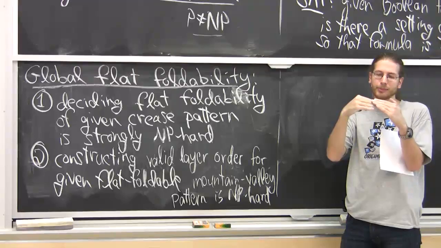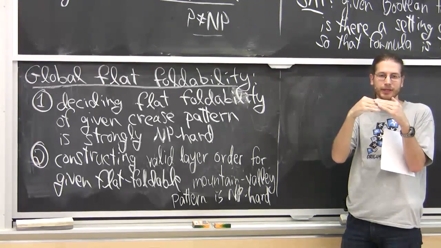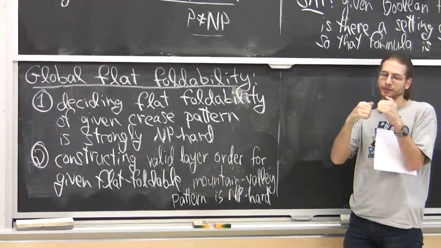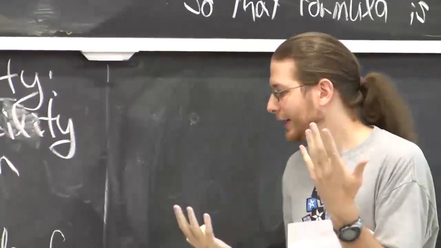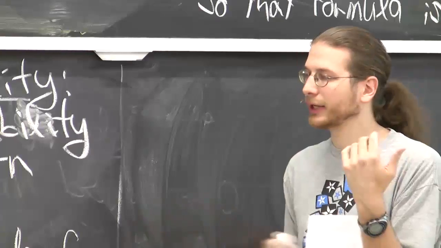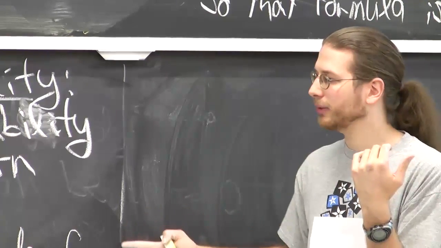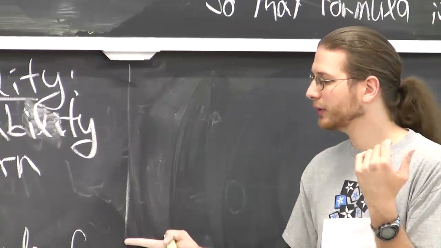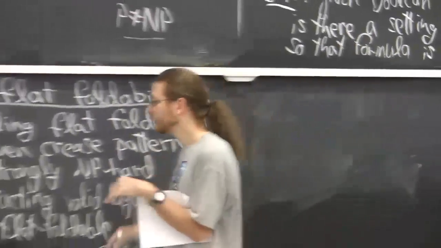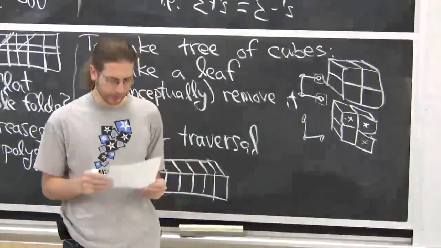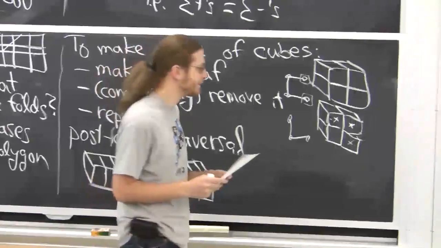If I have two layers of paper that are overlapping, they could be like this or they could be like this. And if I have, for example, two crimps, I could decide how the layers go. Figuring out what the right layer ordering is really the heart of the problem. This is what makes it NP-hard. Because we know finding a mountain valley assignment so that locally things work is easy, but getting that layering to work is hard. That's what all these proofs say.